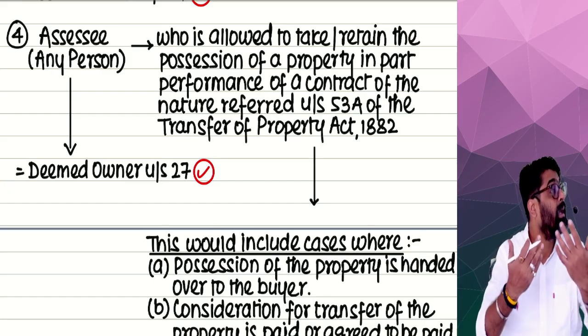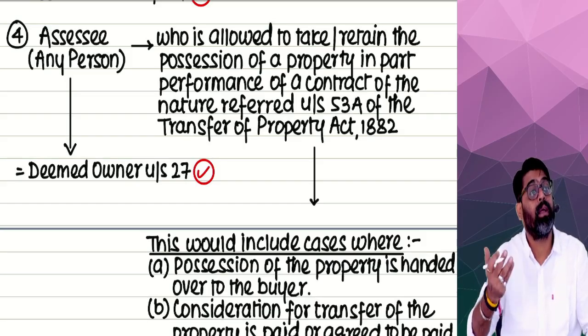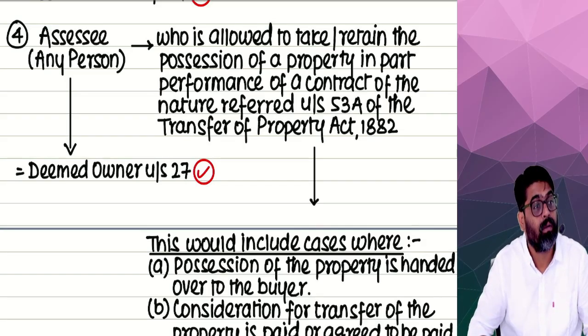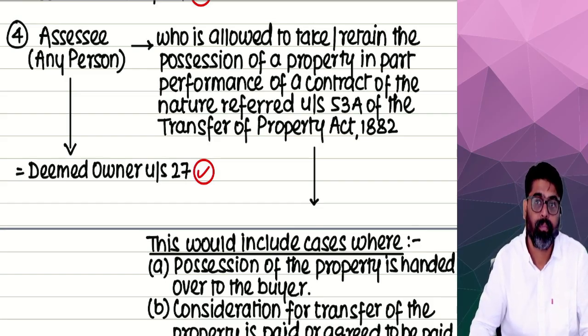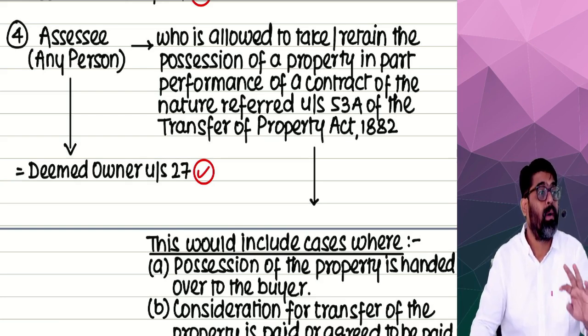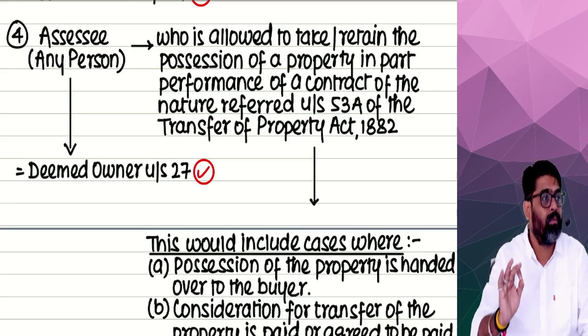As per 53A, the transfer of the property will be treated as complete transfer when all these conditions are met. Number one, agreement in writing. Number two, buyer has given the consideration. Number three, seller has given the possession.